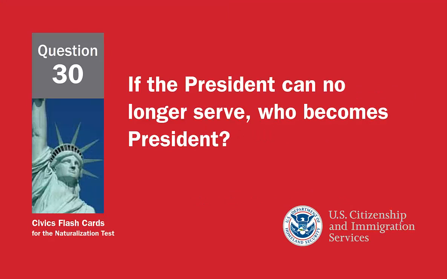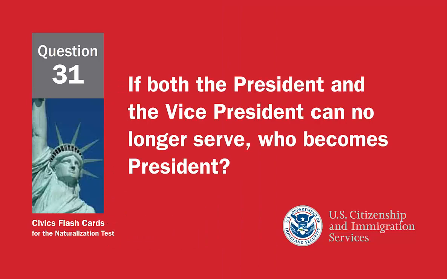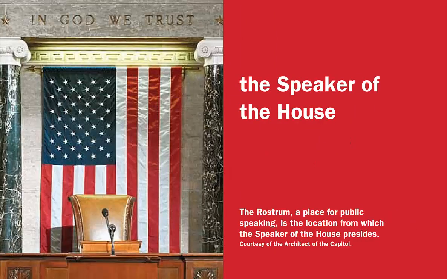If the president can no longer serve, who becomes president? The vice president. If both the president and the vice president can no longer serve, who becomes president? The Speaker of the House.